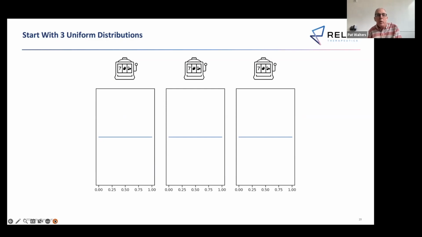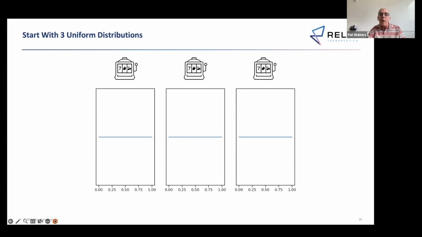I'm just going to give you a simple example. Let's say that we have 3 slot machines. I haven't pulled any of the slot machines, so I don't really have a clear idea of which one has a higher probability of paying off. If I look at the probability distributions associated with those slot machines, I haven't pulled them, so for all 3 slot machines, my distribution is uniform.